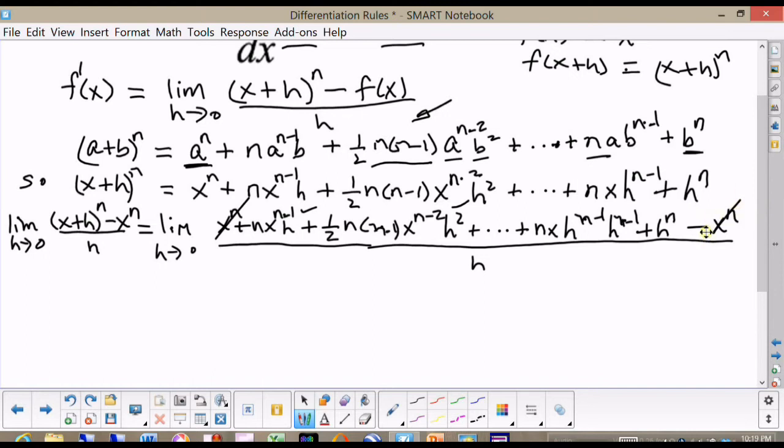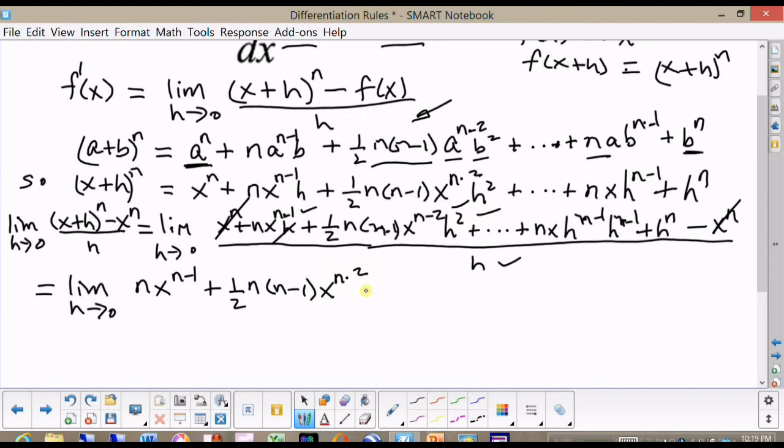So you can easily see that in this limit as h approaches 0, this h will cancel with that h, and you'll have n x to the n minus 1 plus 1/2 n times n minus 1 x to the n minus 2.